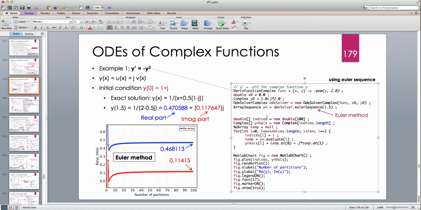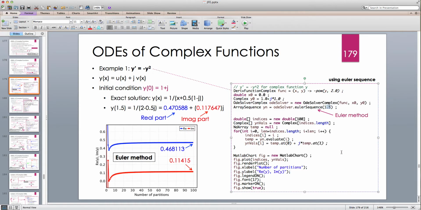The first one represents the real part of the solution. The second component represents the imaginary part. So we take our ODE solver and call the Euler sequence at x equals 1.5. So we call the Euler method. It creates an array of sequences, two sequences that converge to the real part and imaginary part of the solution at 1.5.